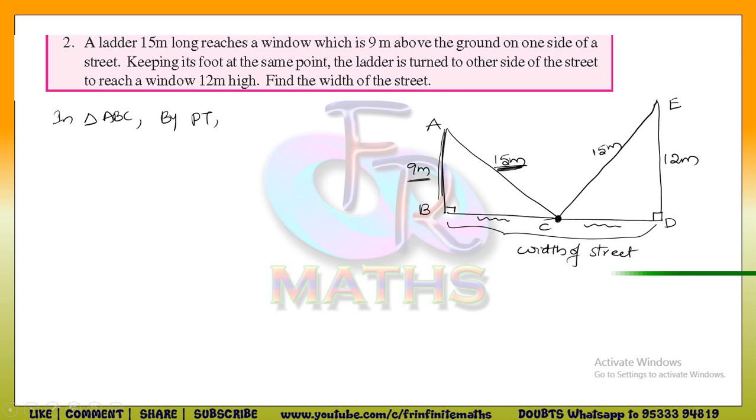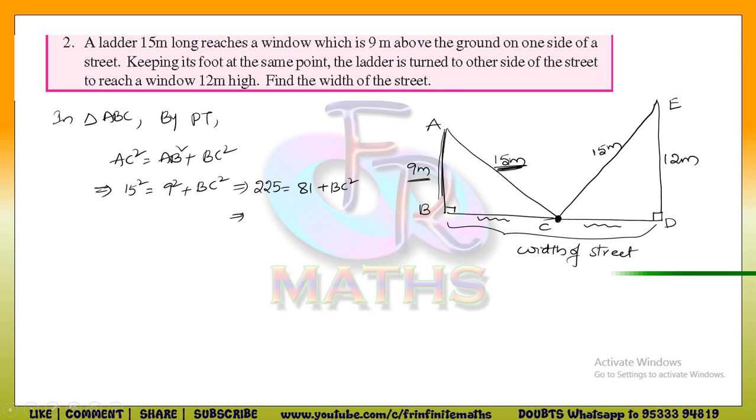By Pythagoras theorem, AC square is equal to AB square plus BC square. When I substitute the values, AC square is 15 square, equal to AB square, 9 square, plus BC square. So clearly 15 square is 225, equal to 9 square is 81 plus BC square.